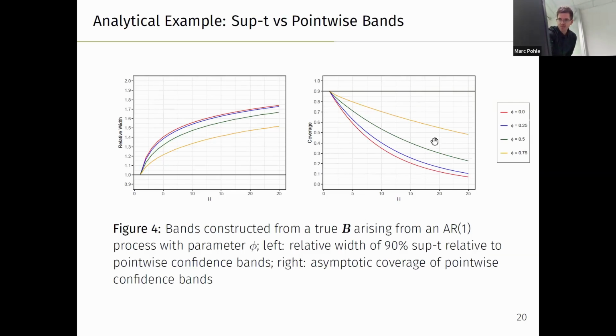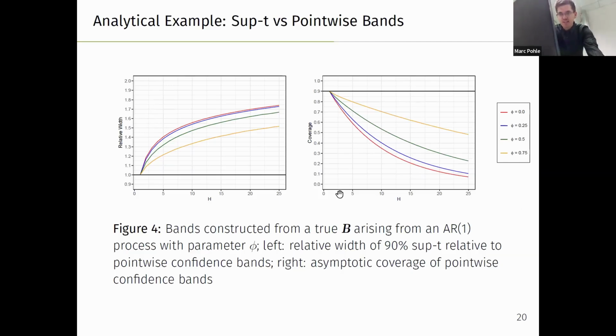The red lines refer to theta equal to 0, so the AR(1) process has IID normal innovations. Theta equal to 0 represents an IID process, and 1/4, 1/2, and 3/4 are the other values of theta.